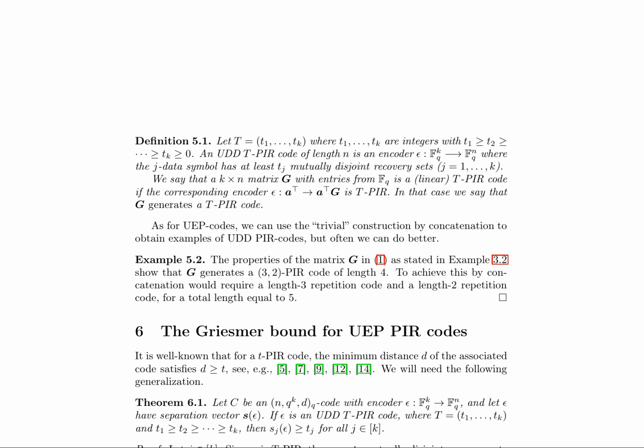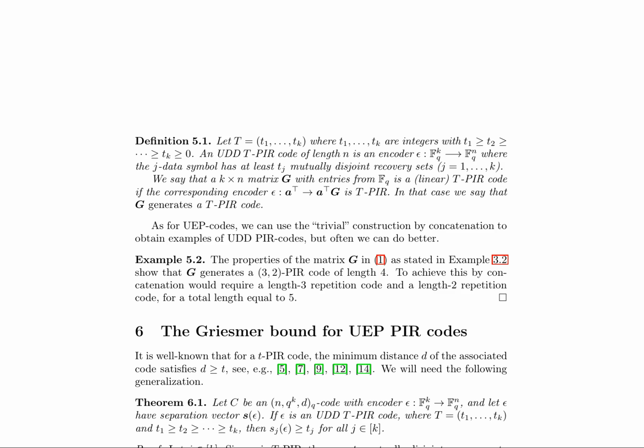Definition 5.1 introduces the concept of a Unequal-Data-Demand, UD, T-private information retrieval, t-PIR, code of length n, which is an encoder that maps k data symbols to n codeword symbols in such a way that each data symbol j has at least t_j mutually disjoint recovery sets, where t_1 is greater than or equal to t_2 is greater than or equal to ... is greater than or equal to t_k is greater than or equal to 0.